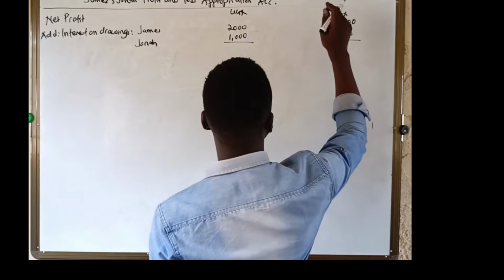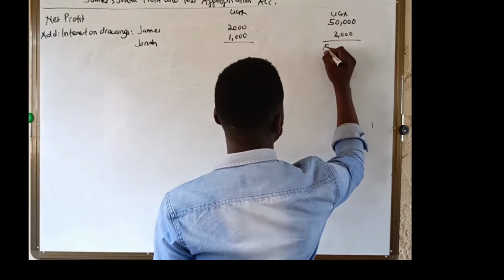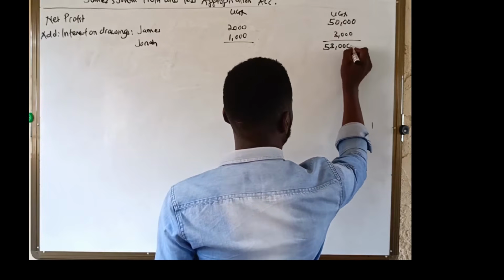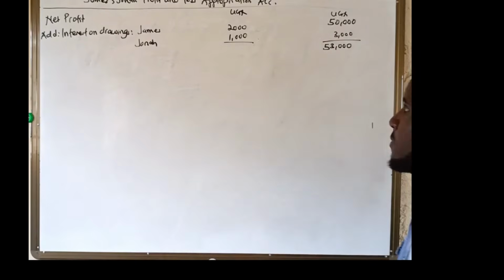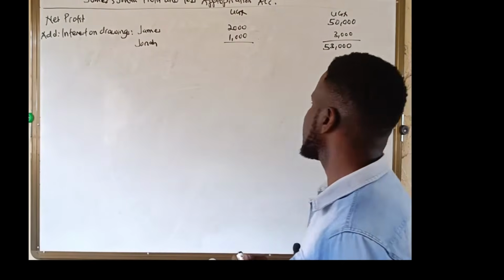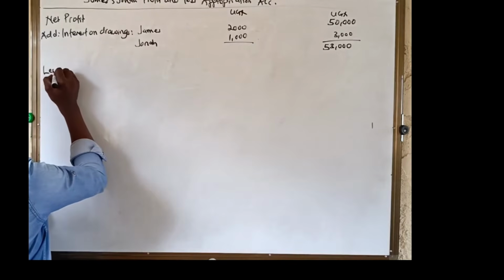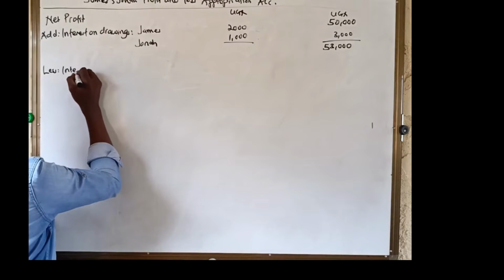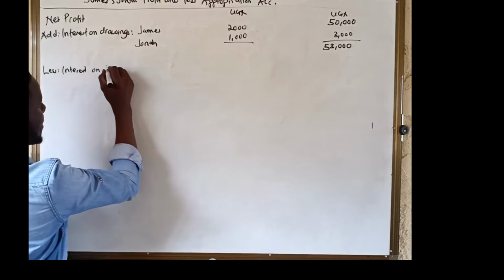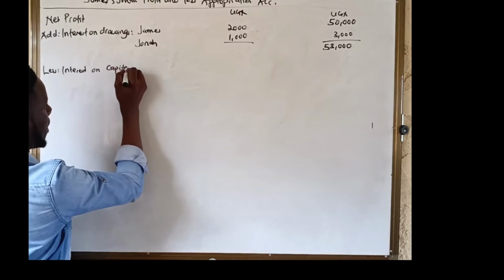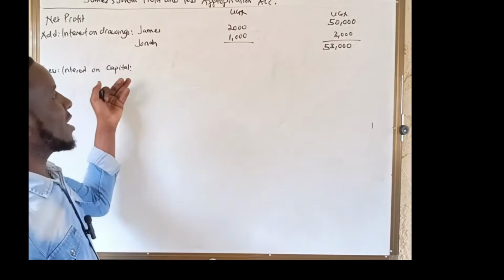So when we add this plus this, we shall actually have 53,000. So that's the amount of money that we have. Then, of course, we shall less our interest on capital.